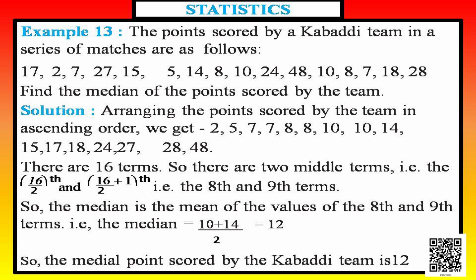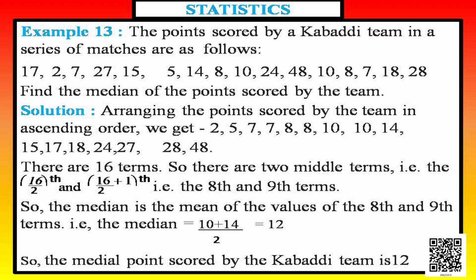So the median is the mean of the values of these 2 terms, that is 10, which is the 8th term, and 14, which is the 9th term. (10 plus 14) by 2 is 12. So, the median point scored by the kabaddi team is 12. Hope you all have understood the example.